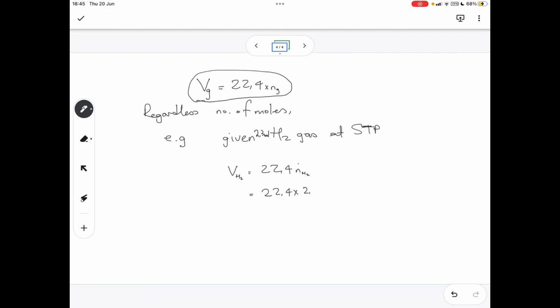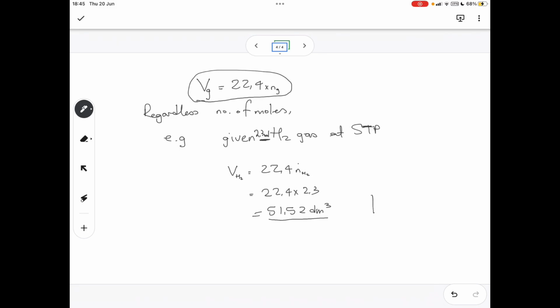This is simply 22.4 multiplied by 2.3, and then it gives us 51.52 dm cubed. In other words, for us to successfully accommodate 2.3 moles of hydrogen gas in a container, the container needs to be about 51.5 liters big.